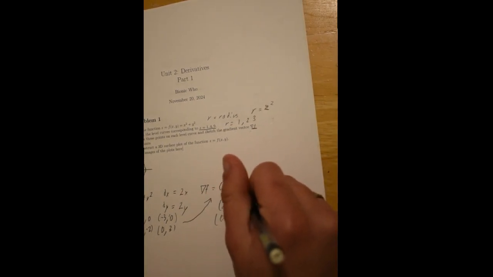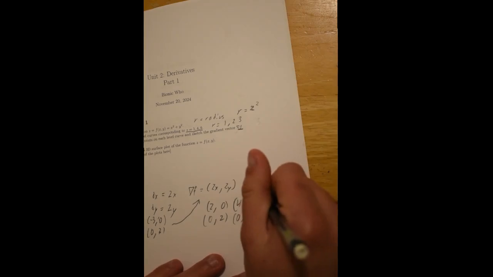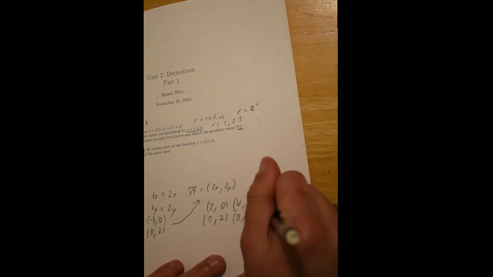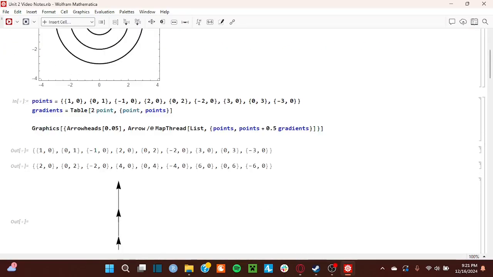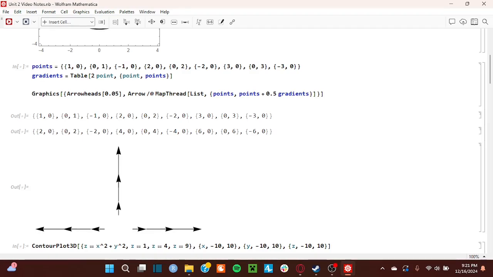Then we would get (4, 0) and (0, -4). And lastly, we would get (-6, 0) and (0, 6). Then we would take these points, and I actually put a few more of them into my Mathematica so we could see a visual of it. You would put it into something that looked a little bit like this.